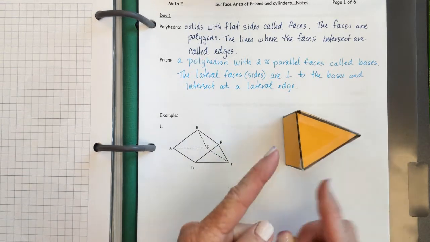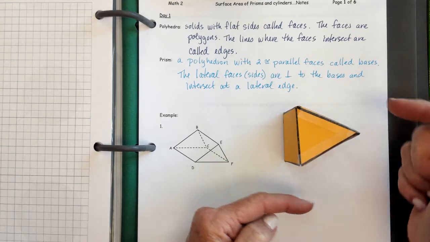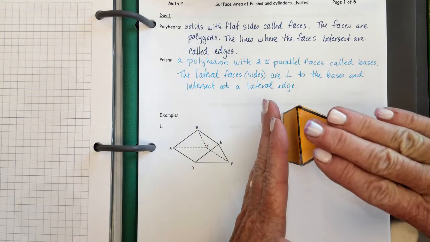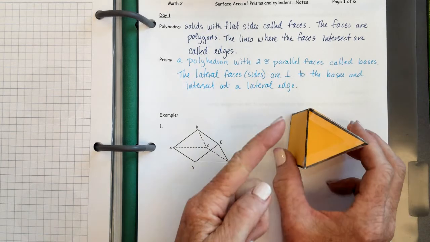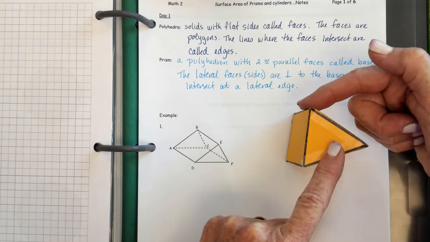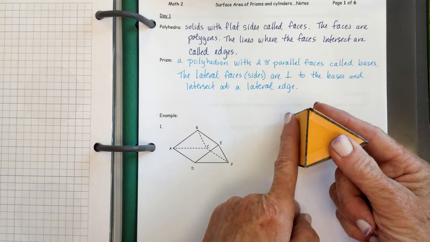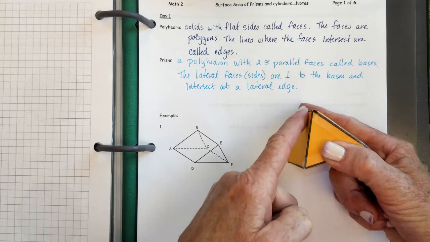Here's the base, base. The sides, these are the lateral faces. And those lateral faces are perpendicular to a base. The lateral faces intersect at a lateral edge. So this face right here, intersecting with this face right here, they meet at this lateral edge right here.